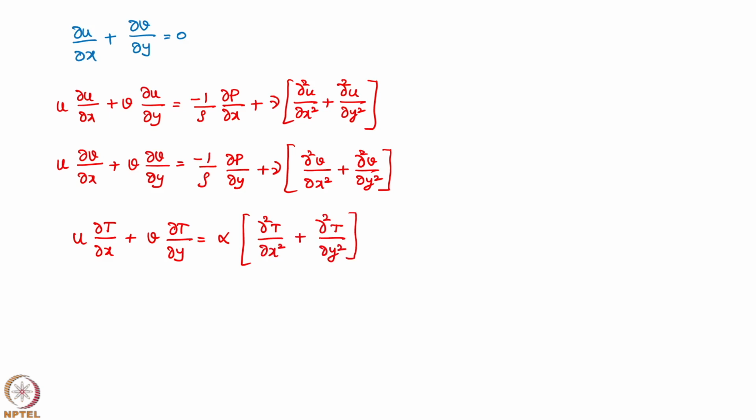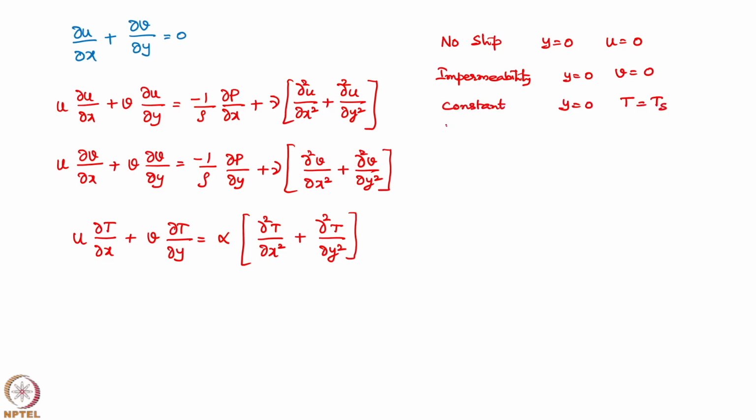Now what are the boundary conditions? Based on no slip, at Y equal to 0, U is equal to 0. And for impermeability, my flat plate is impermeable, it is solid, so at Y equal to 0, V equal to 0. Also at Y equal to 0, T equal to Ts, that means it is constant wall temperature.